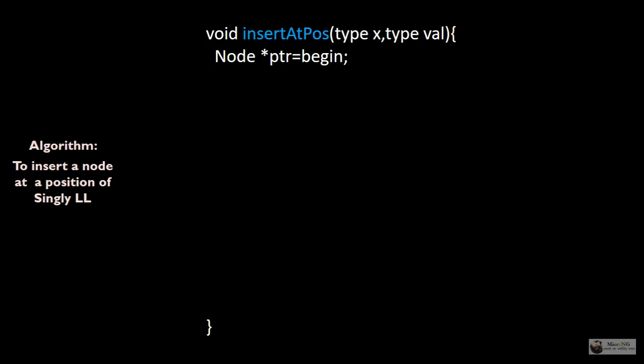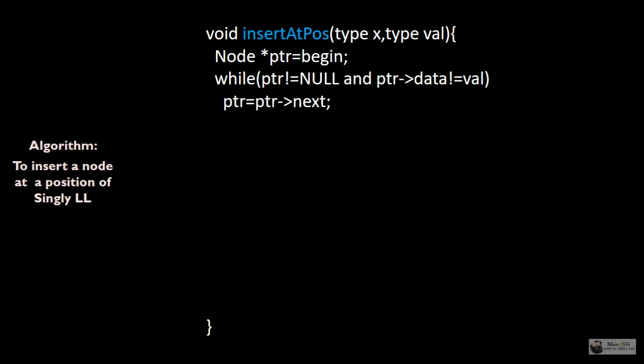Now during the search operation, the conditions are: if the PTR is not equal to null, that means it's pointing to a valid node, it's not gone to the end, and PTR data is not equal to val. If it's not equal to the val we are searching for, simply make the pointer go to the next node.